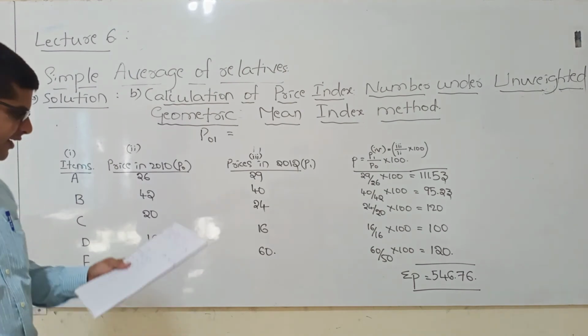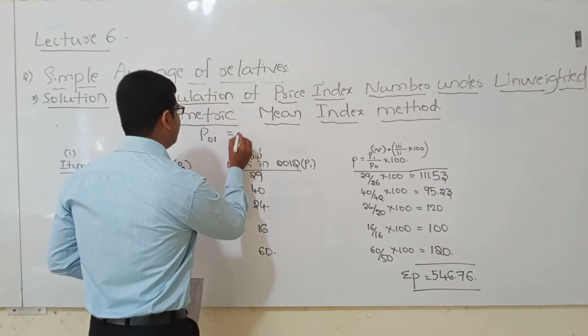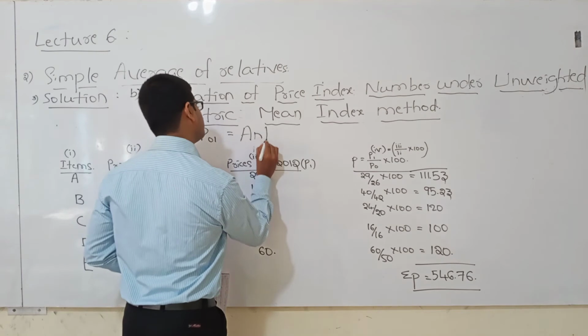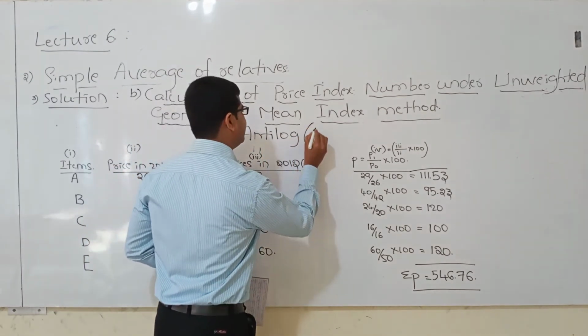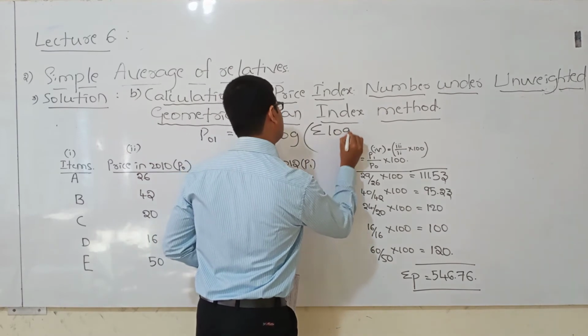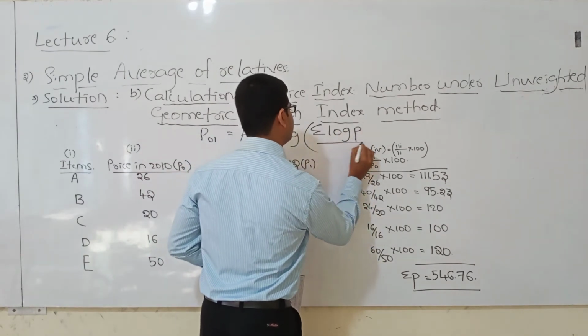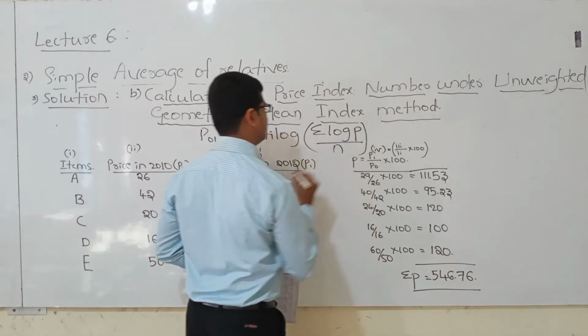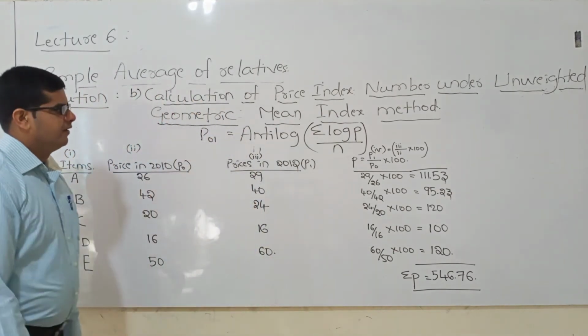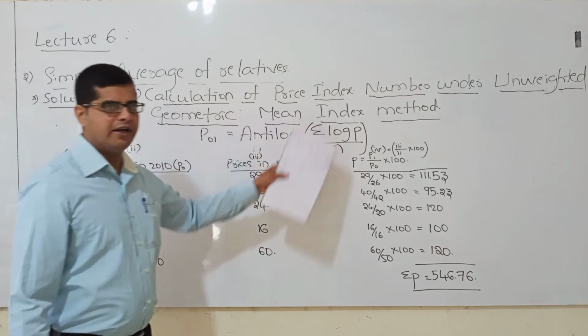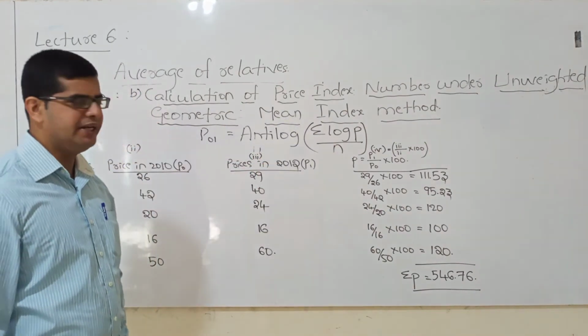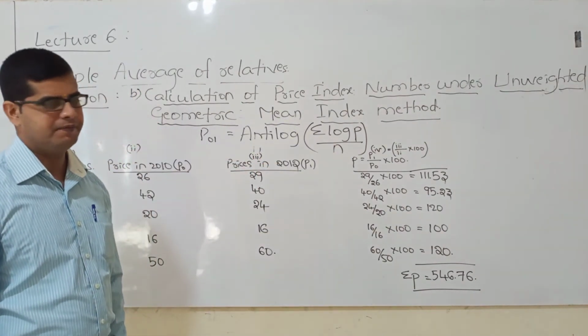So P01 is equal to anti-log of bracket summation log P divided by n. Anti-log of summation log P divided by n.